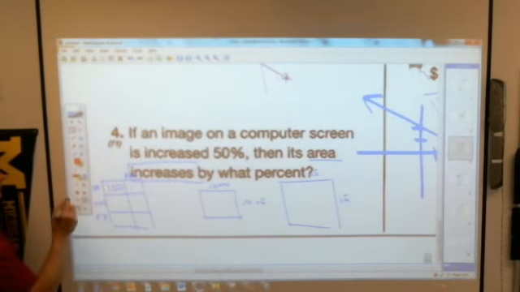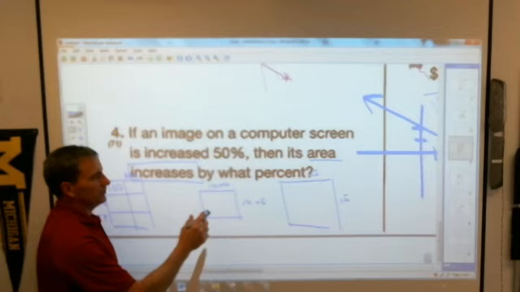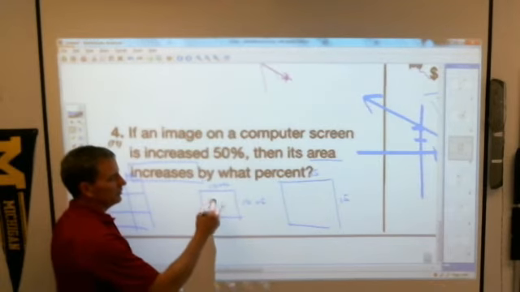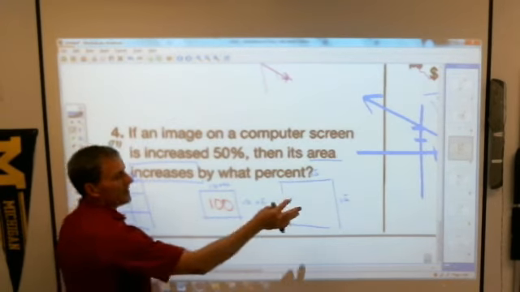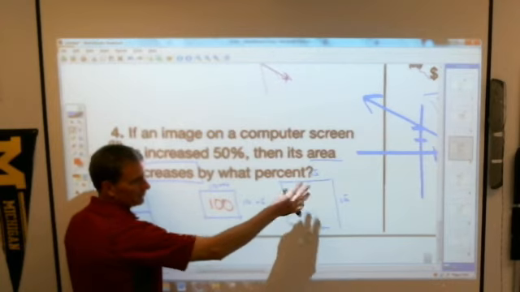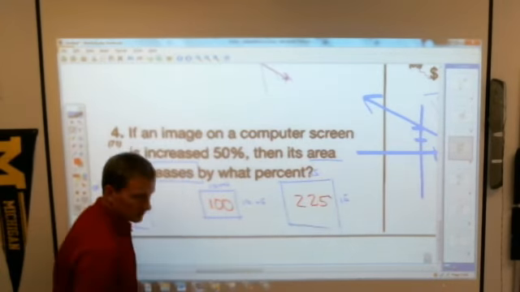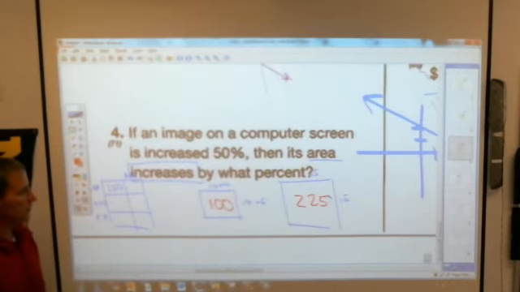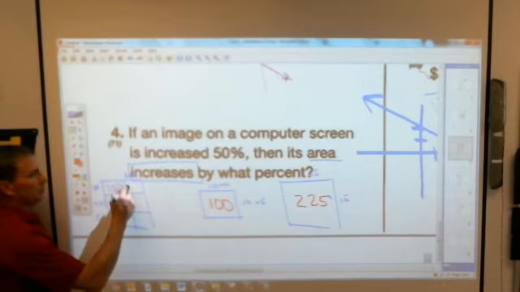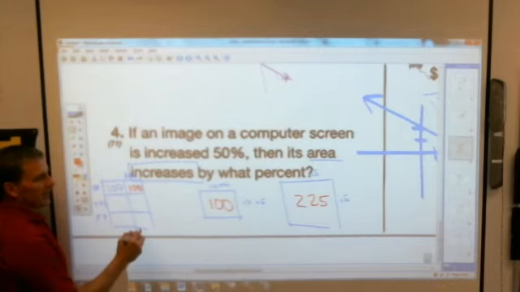And now if we pump up our areas, the first one was a 10 by 10, so its area was 100. The final area was 15 times 15, which is 225. Take my word for it. Notice what those were. That was my original area, and that was my final area.